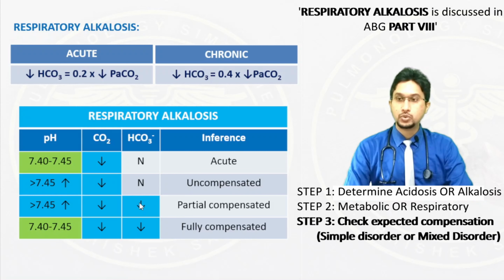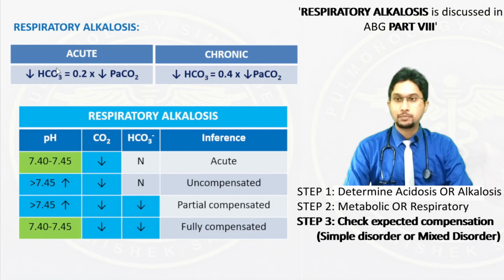The moment you have even the bicarbonate decreased, the next task is for you to apply the expected compensation formula. And if the predicted bicarbonate is matching the bicarbonate which is determined through the ABG, it means it is a simple respiratory alkalosis, either partially compensated or fully compensated.